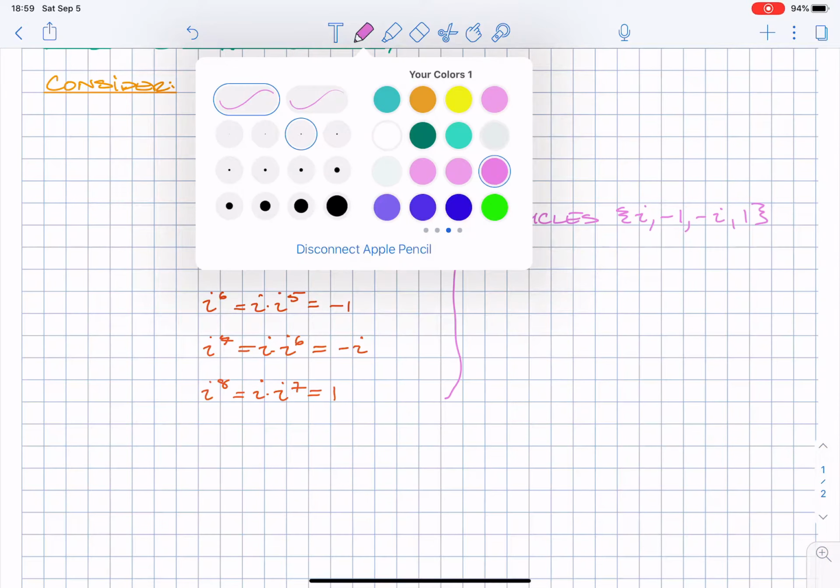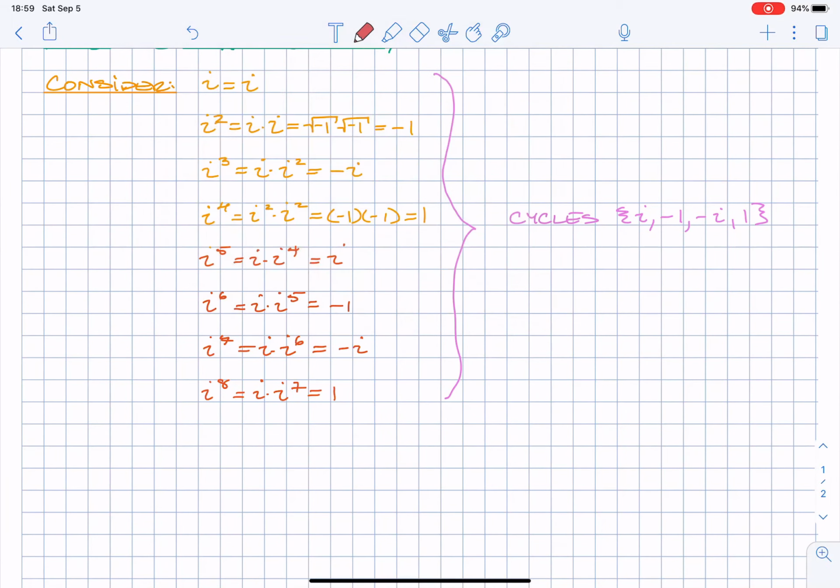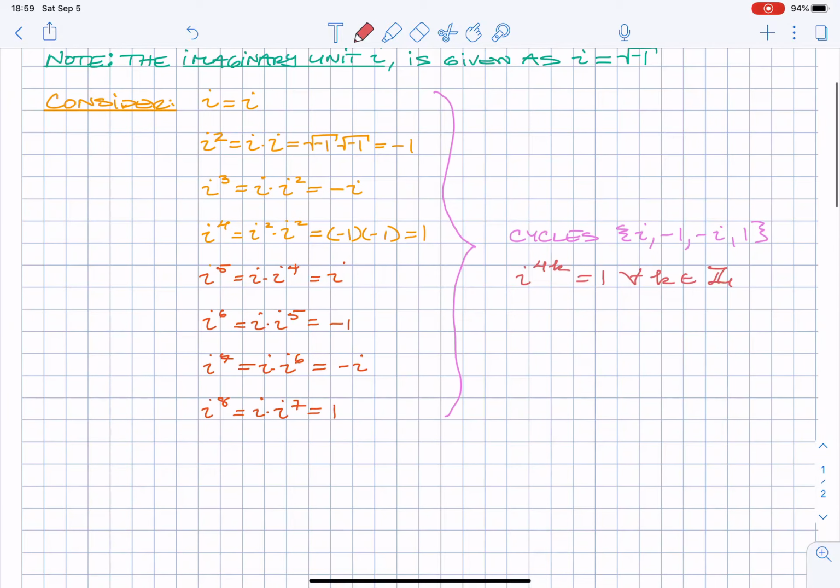And we also have that i to the 4k is equal to 1 for all integer values of k, that is whole numbers. And that's a k, not a kappa, for those of you that are actually listening to my lectures, not just printing out my notes.